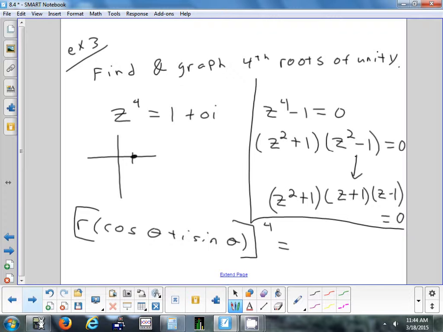What's my radius? 1. Yeah, it's 1 unit right. So it's just 1 cosine. And what's my angle if I'm on the positive x-axis? 0. So this one, radius is 1, angle is 0. The numbers don't get too much easier to work with.